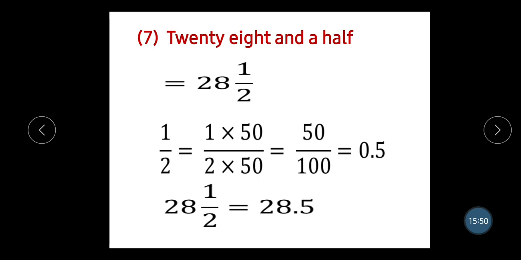Quarter, that is 1 upon 4, in decimal form is 0.25. 3 quarters, that is 3 upon 4, in decimal form is 0.75. 1 and a quarter, that is 1 and 1 upon 4, is equal to 1.25. 1 and a half, that is 1 and 1 upon 2, is 1.50 or 1.5. Lastly, 1 and 3 quarters, that is 1 and 3 upon 4, in decimal form is 1.75.